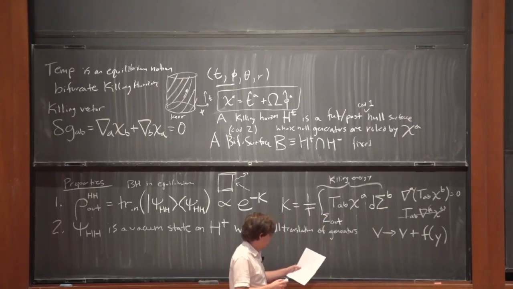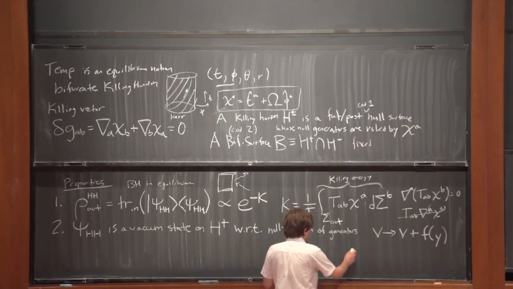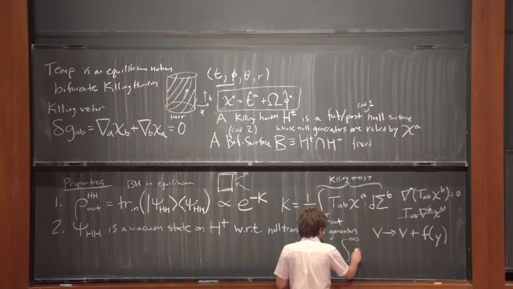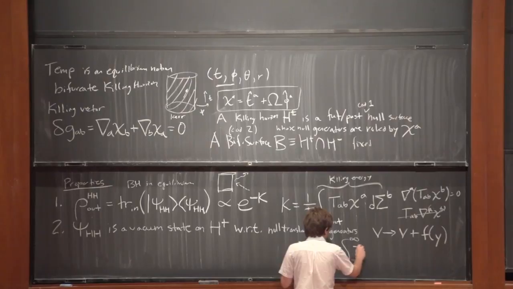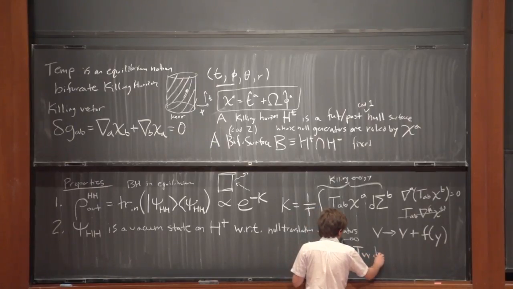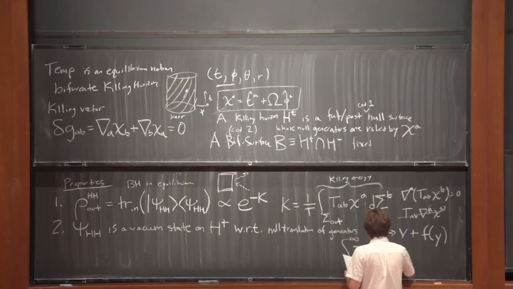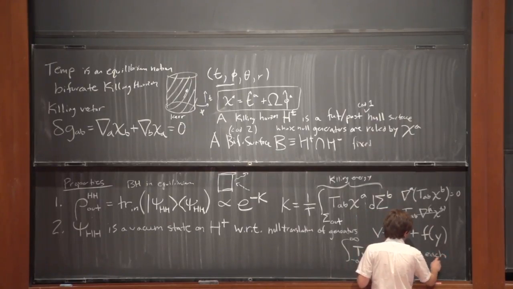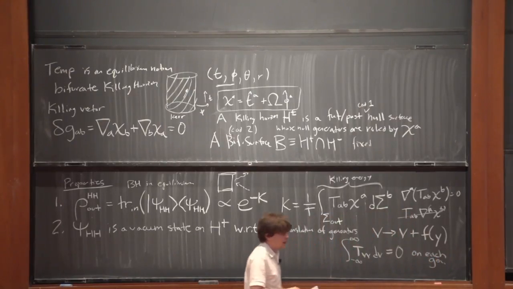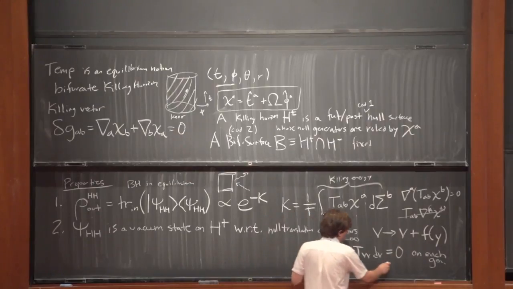And these are associated with the averaged null energy integral along each generator. So this thing equals 0 on each generator in Hartle-Hawking.